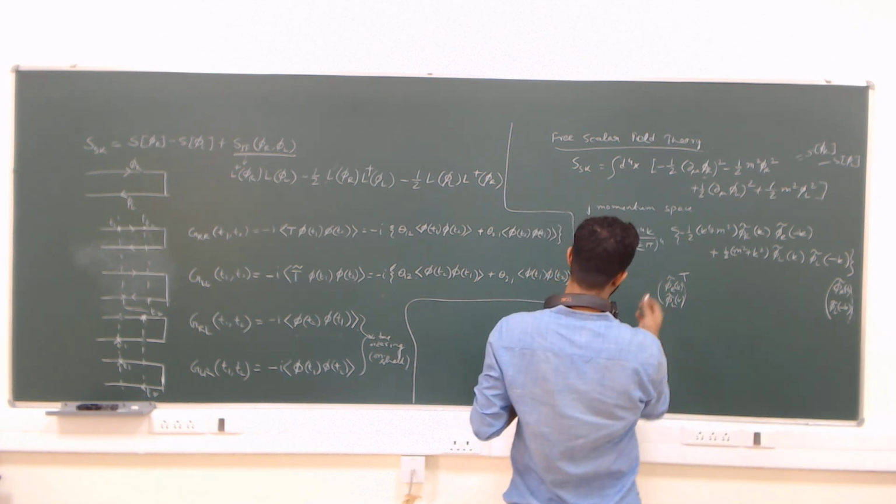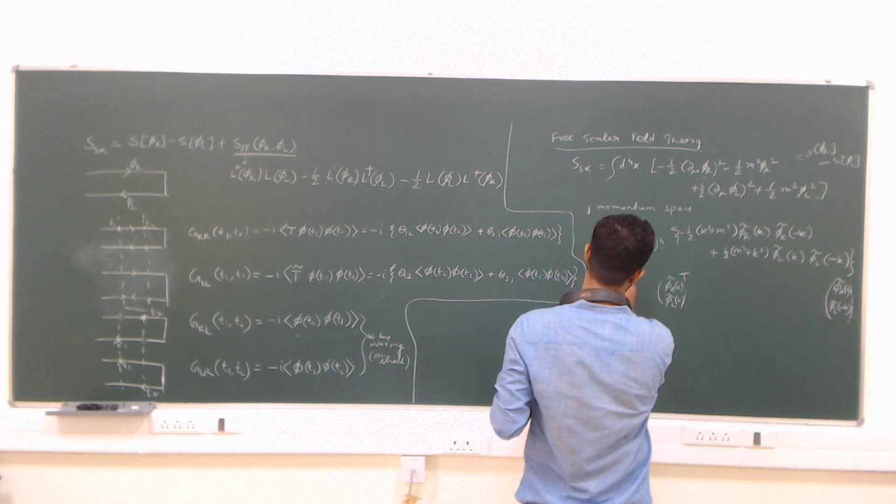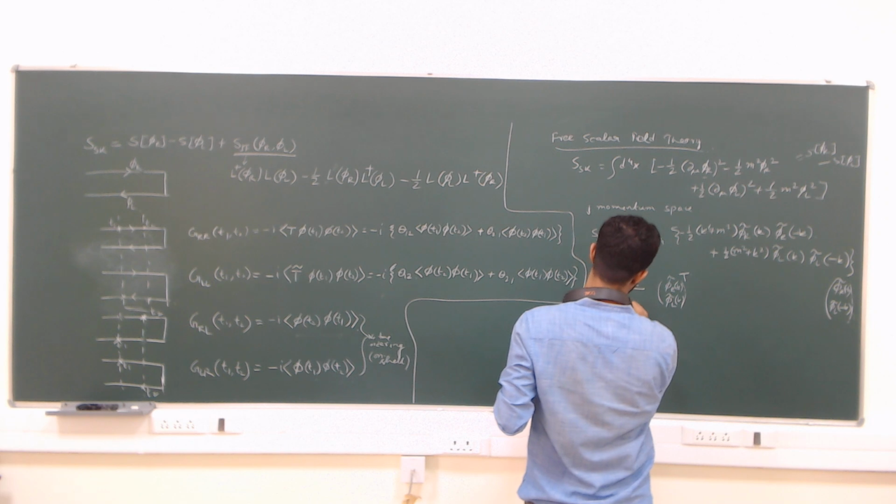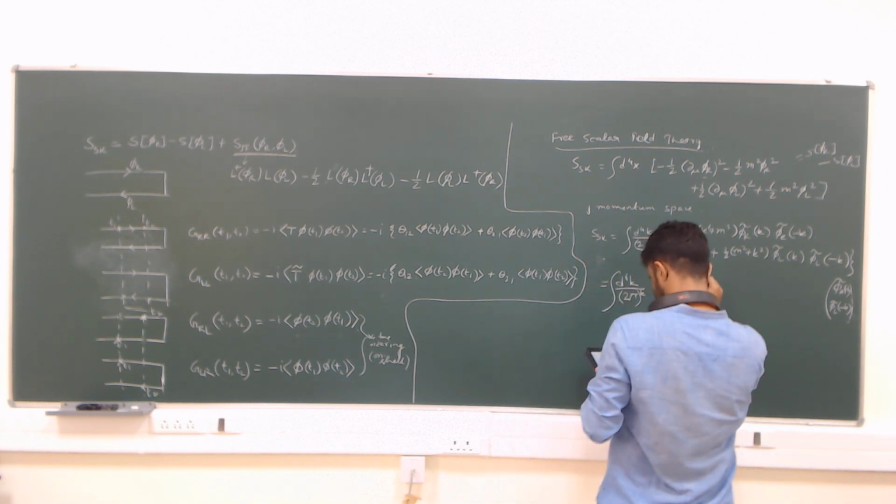So for that, to get the Green's function, I try to write it down in a way where I have already suitably introduced the i epsilon description.